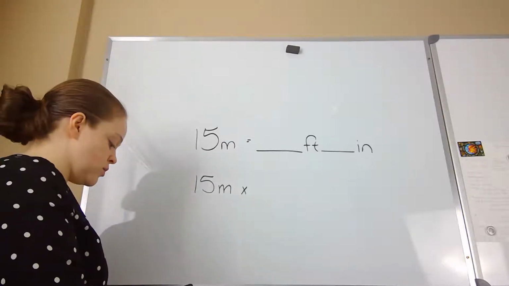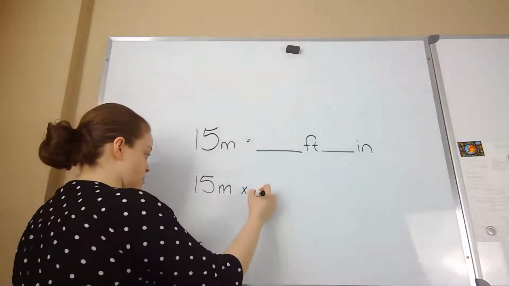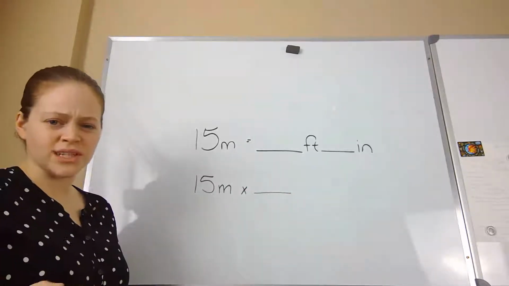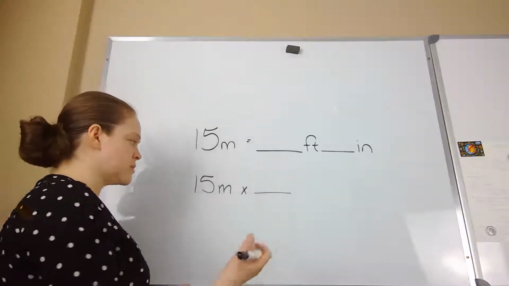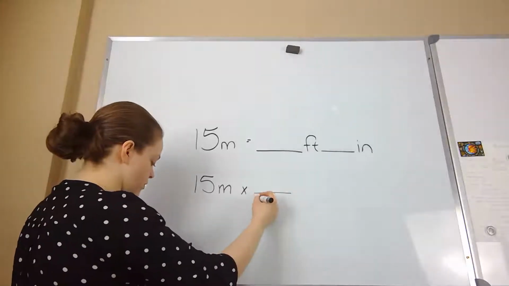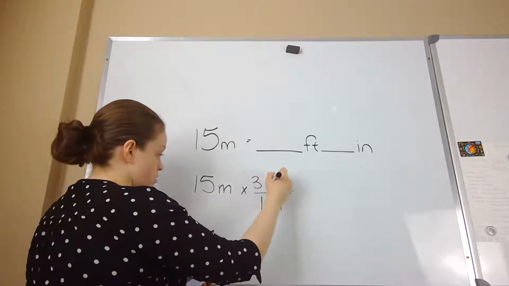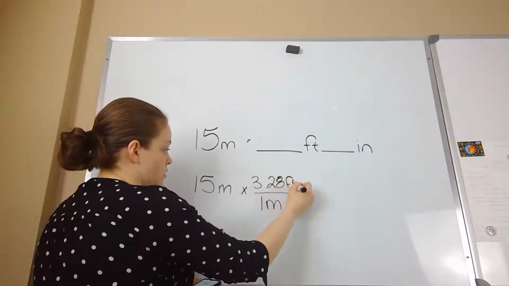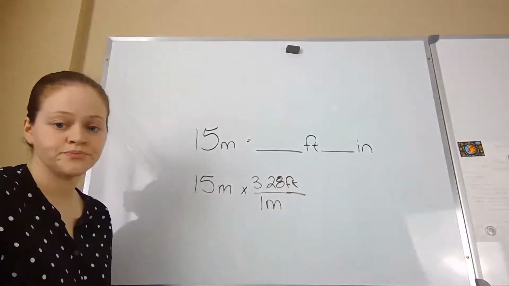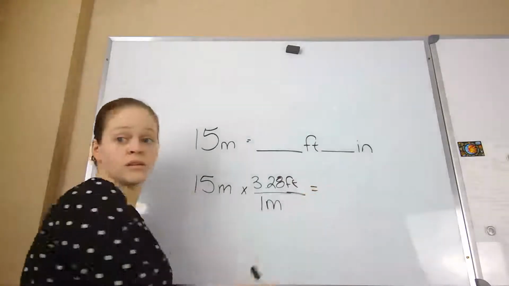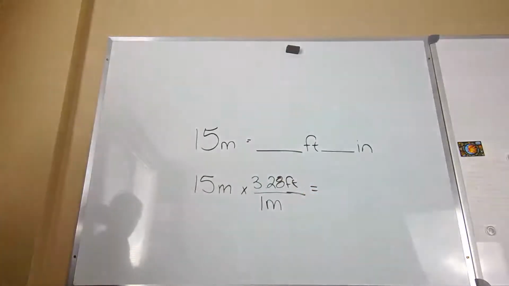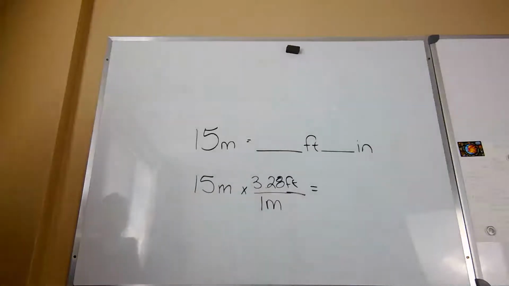So basically, it is 3.28. I don't know what you guys have on your actual formula sheet, but I'm going to use this. So for every 1 meter, I have 3.28 feet.